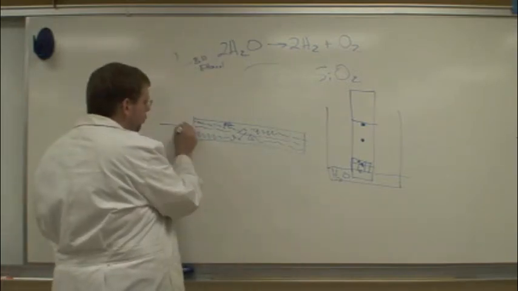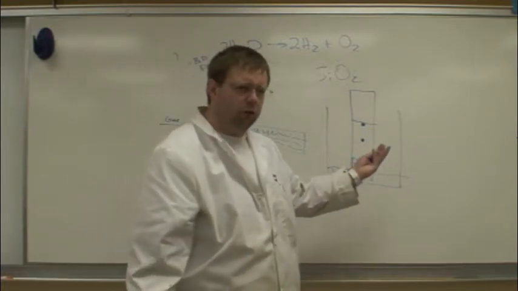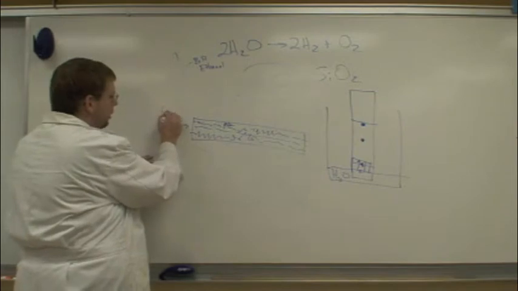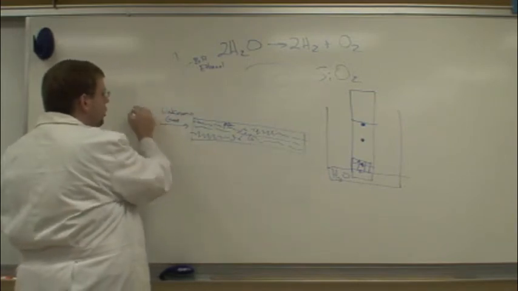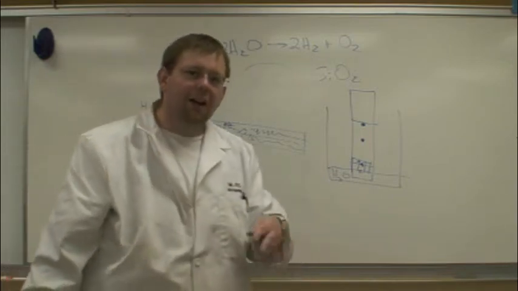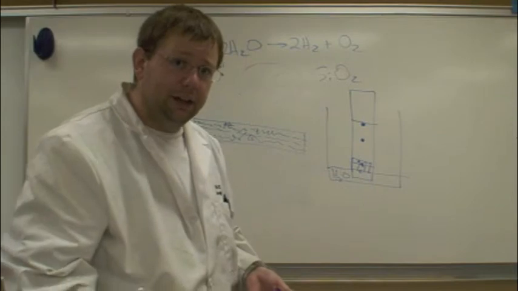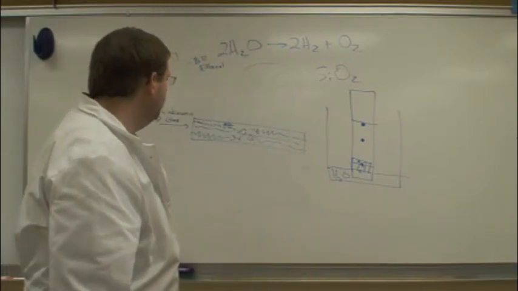What you do is shoot your gas through here, and you still need something to push the gas through. So your unknown gas or unknown mixture that you're trying to figure out, you will push through, generally speaking, with some helium if you're in America. If you're over in Europe, you'll probably use nitrogen. Helium's a lot cheaper over here in America.